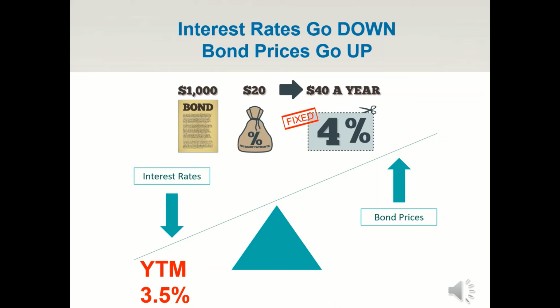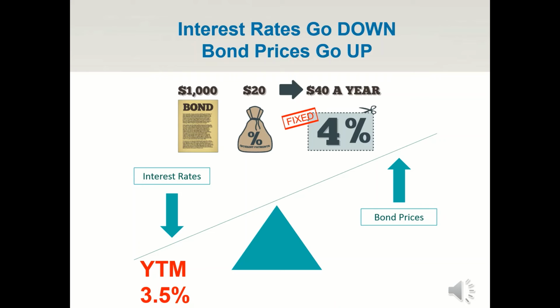Shown one more way, the relationship between the yield to maturity, those market rates of other investments, is inverse to the price of a bond. If you were holding a bond that was paying a fixed coupon rate of 4% and the yield to maturity dropped to 3.5%, that's all that's available in the market right now, 3.5%.